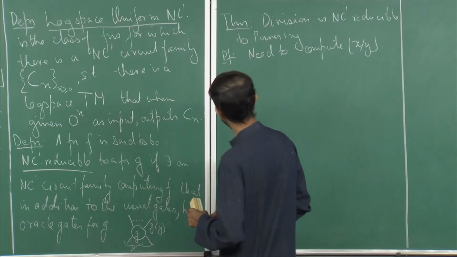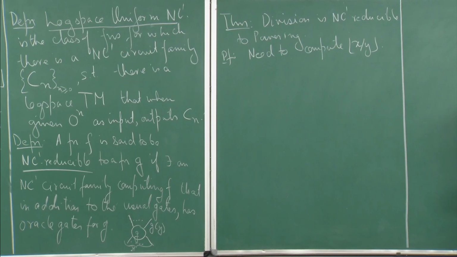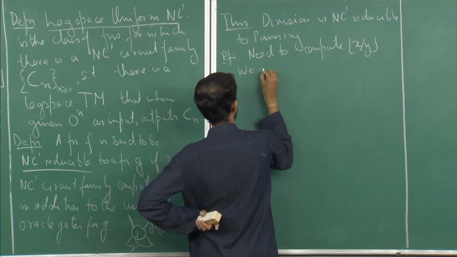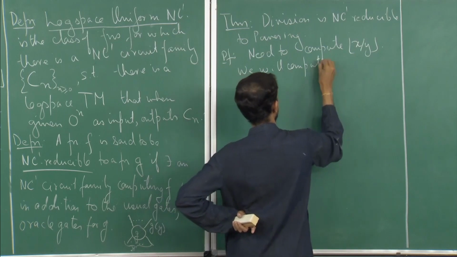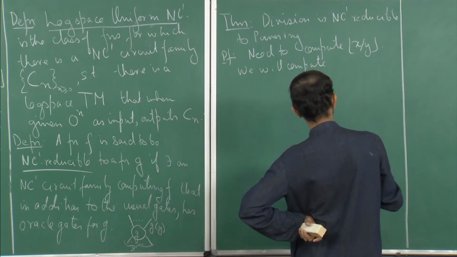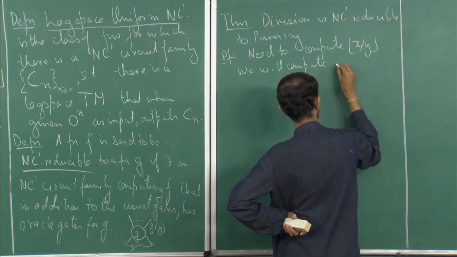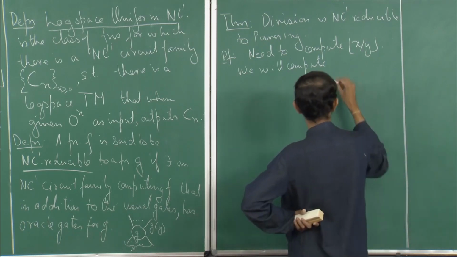So, what we will show is, we will not compute 1 over y exactly, but we will compute an under approximation of 1 over y. Okay. So, let me write this. So, whatever the agenda is going to be, let me write it.